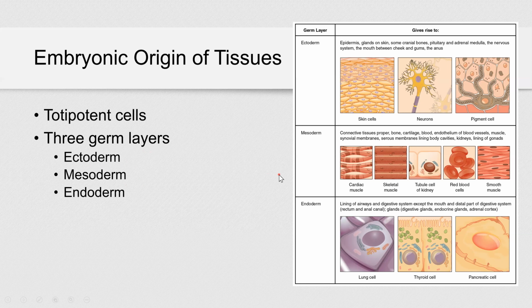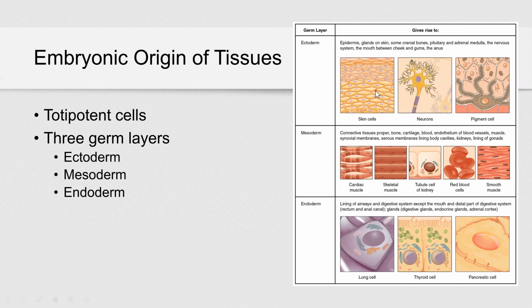Mesoderm will give rise to your muscles, like cardiac, skeletal, and smooth muscles, and lots of connective tissue, right? For example, red blood cells, bone, cartilage. And some epithelial tissue, well, we will not call it epithelial, but endothelium.